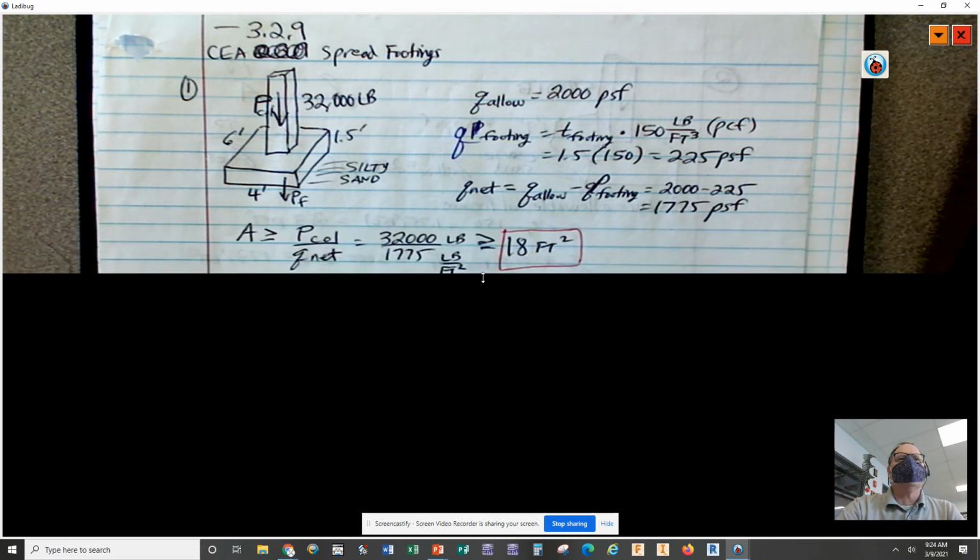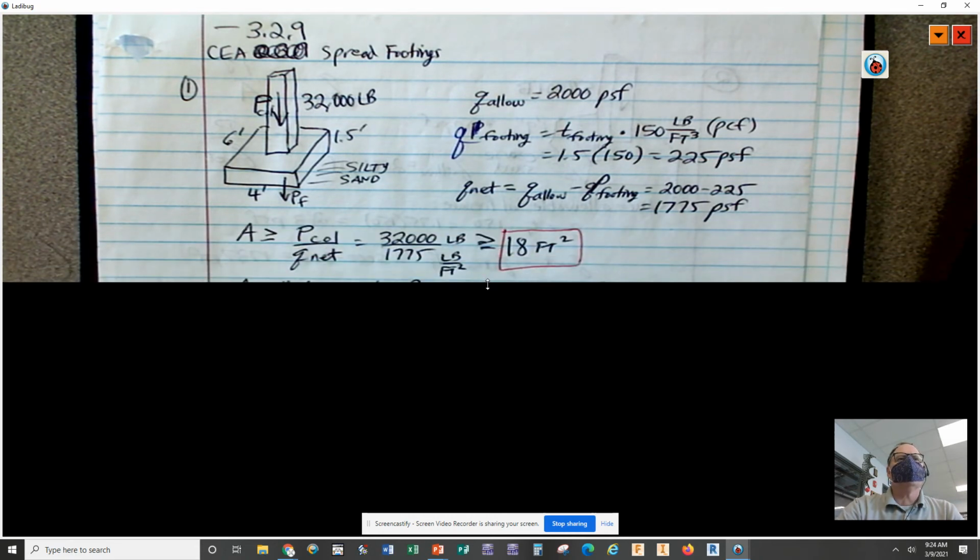So if we go ahead and calculate the area required to support 32,000 pounds, we divide that by the allowable soil bearing pressure that still remains. We still have 1,775 pounds per square foot remaining.